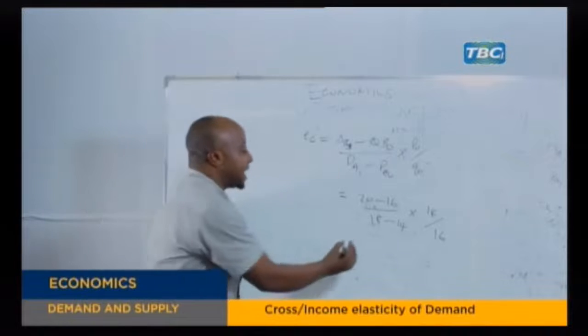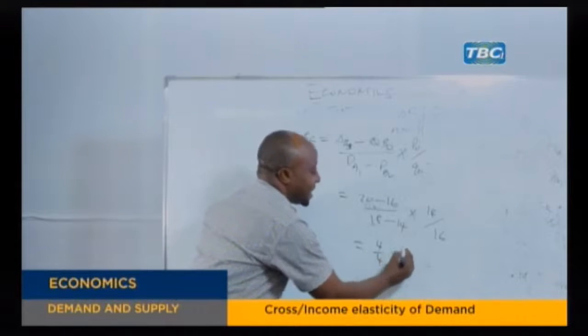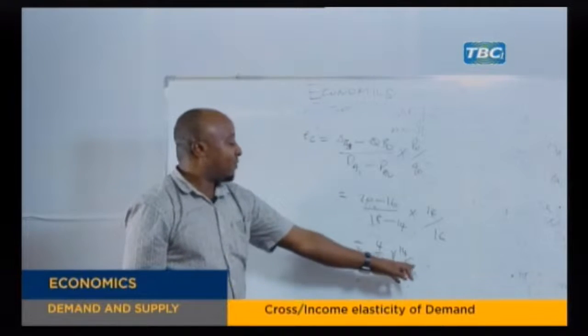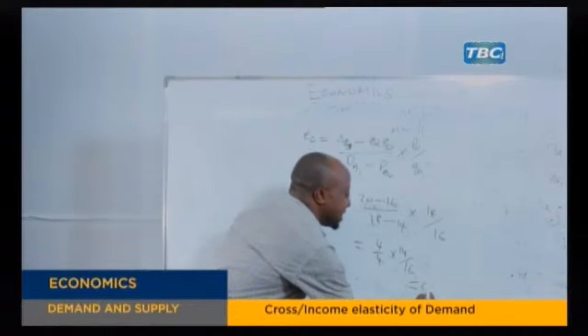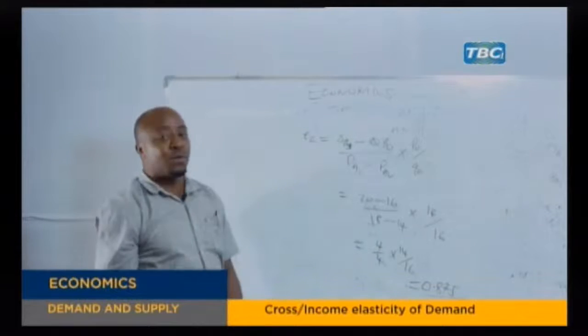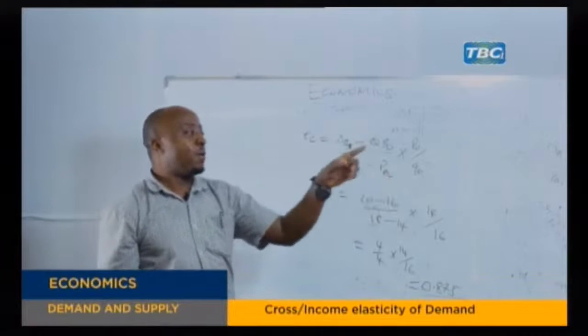After calculating, you get 4 over 4, then times 14 over 16. So this remains 1 times 14 over 16. If you divide this, you get 0.875. That is our cross elasticity of demand for good X and commodity B.